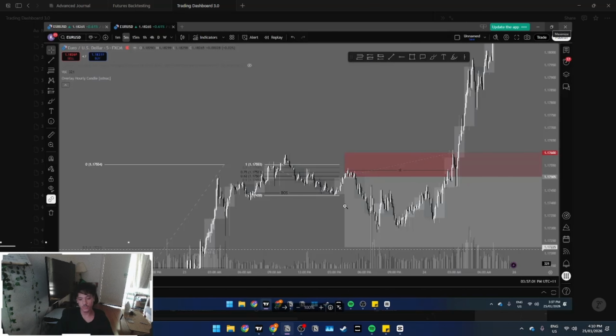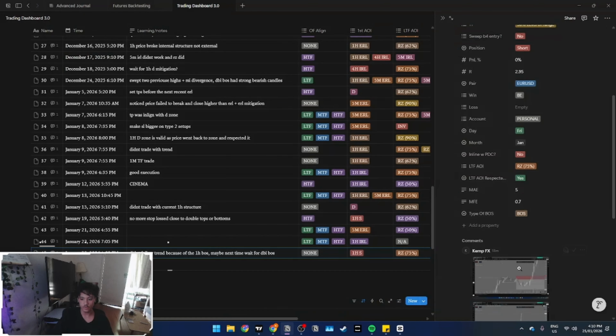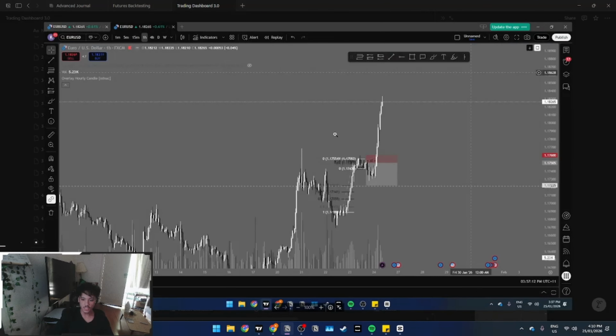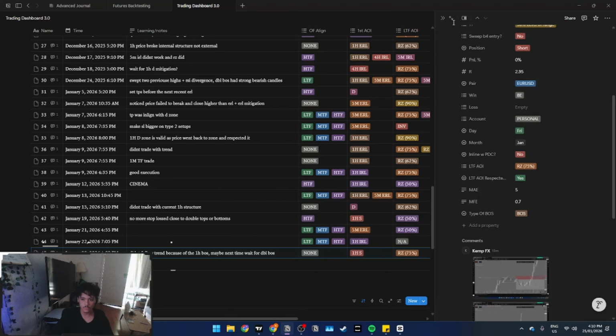So I waited for a break structure. We had a 75% level retracement. We did close below here, entered. Almost went down to take profit, but we did reverse and hit break even, but that's fine. That's what it looks like on the higher time frame.